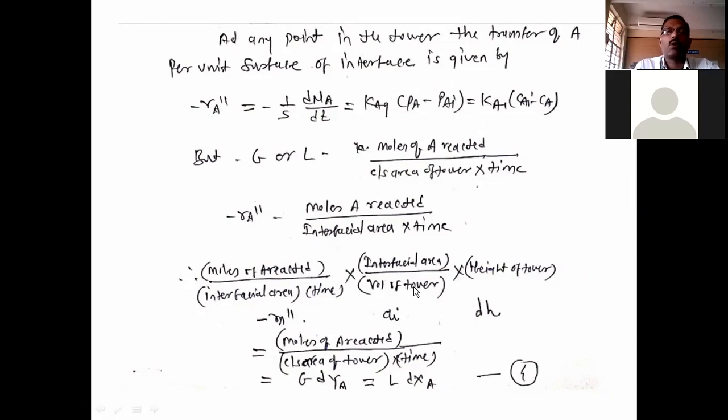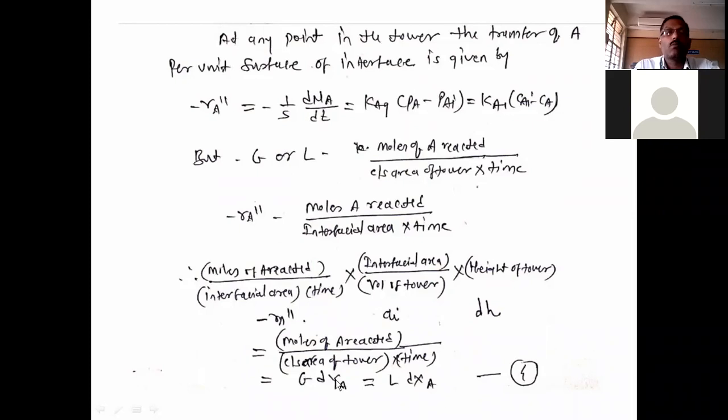The volume of the tower is the cross-sectional area multiplied by height, so the height cancels, the cross-section area is there, and the interfacial area cancels. What remains is moles of A reacted per unit cross-section area of tower per unit time.